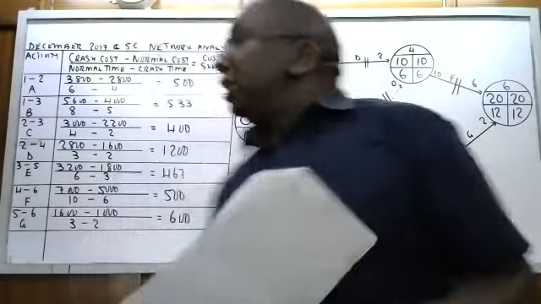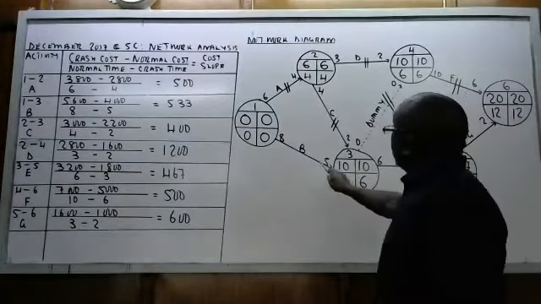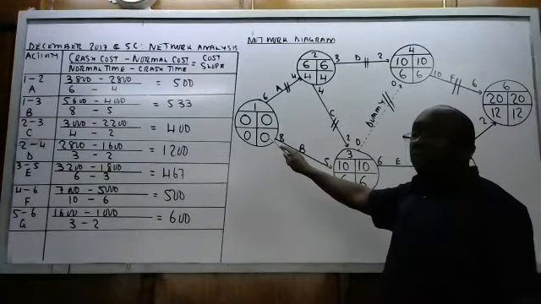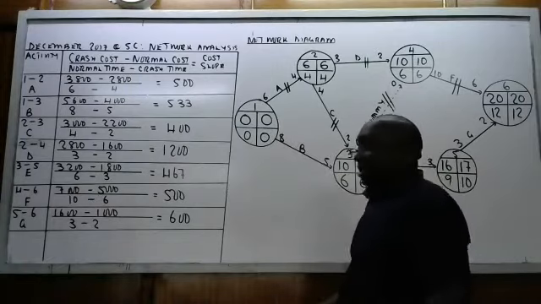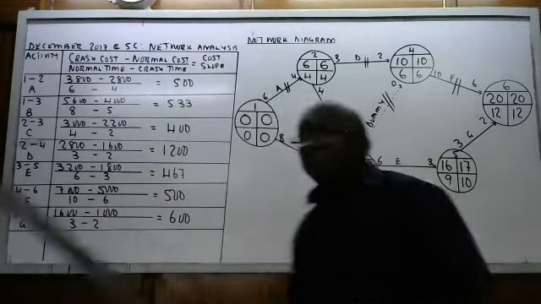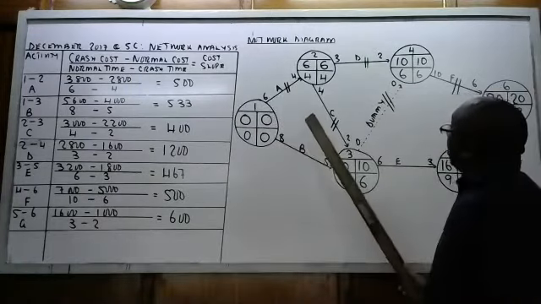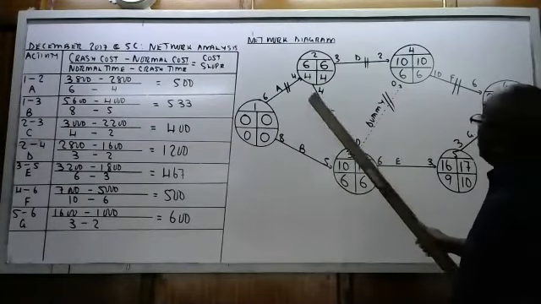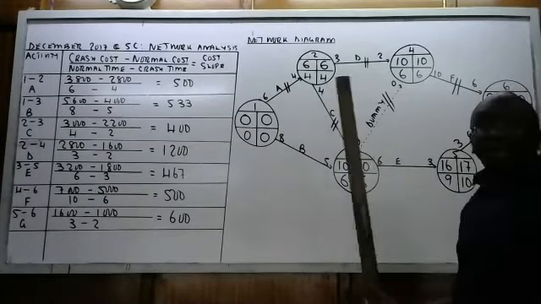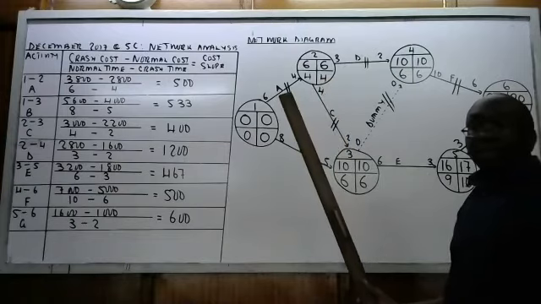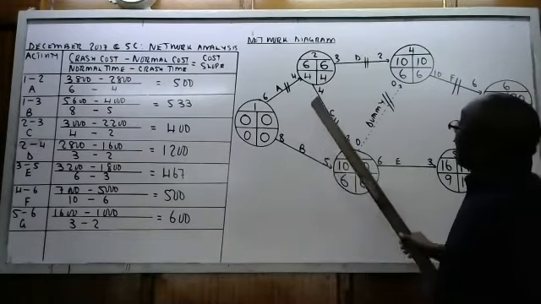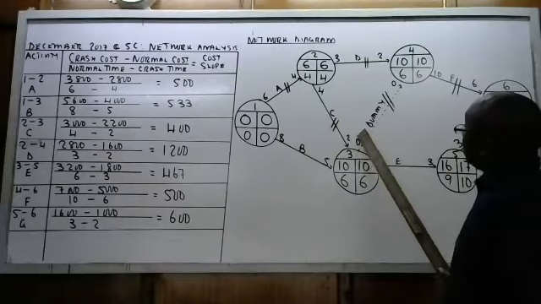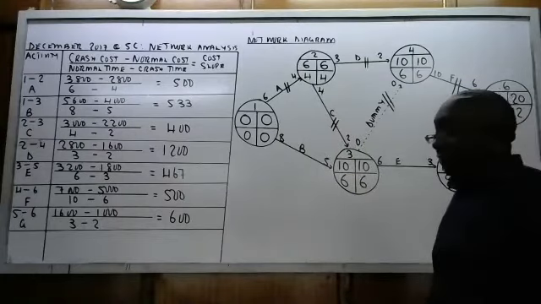Why is B not critical? It is because it is shorter. You see, if you are using the normal time, B is 8, while A to C, it is 6 plus 4, that is 10. It is shorter. And if you're using the crash, it is 4 plus 2, 6, and B is 5.